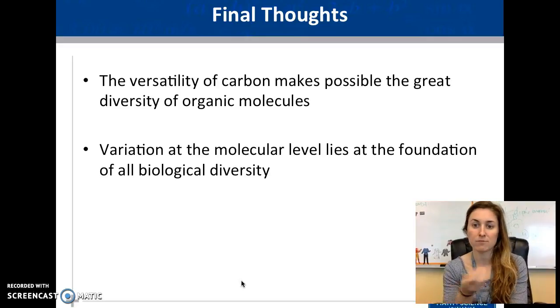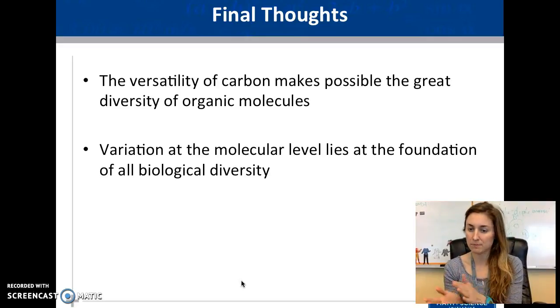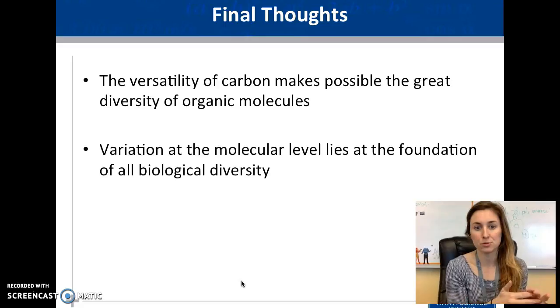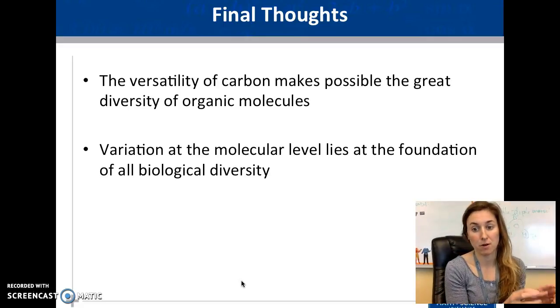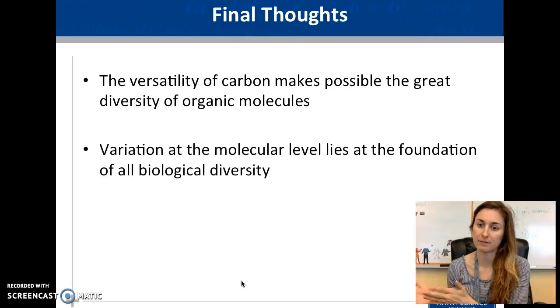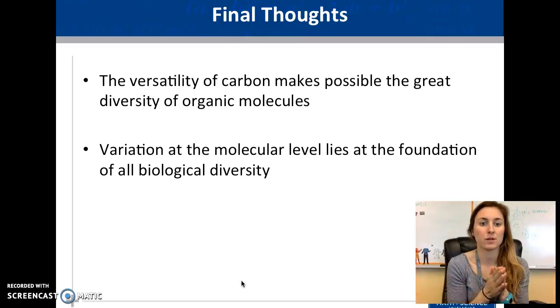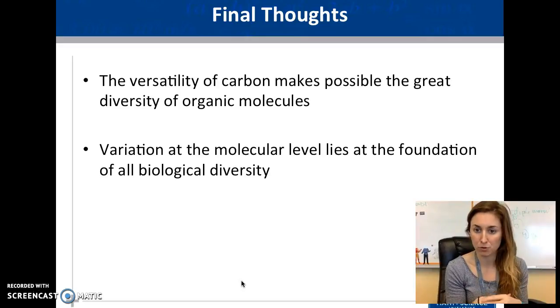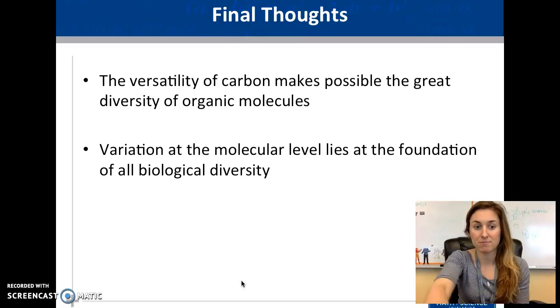The diversity within humans, in skin color, hair, how we behave, goes back to the structural diversity of our molecules. And so we can't have the bio definition of diversity without the chem definition of carbon diversity. This is just something to think about as you're moving forward. Science.